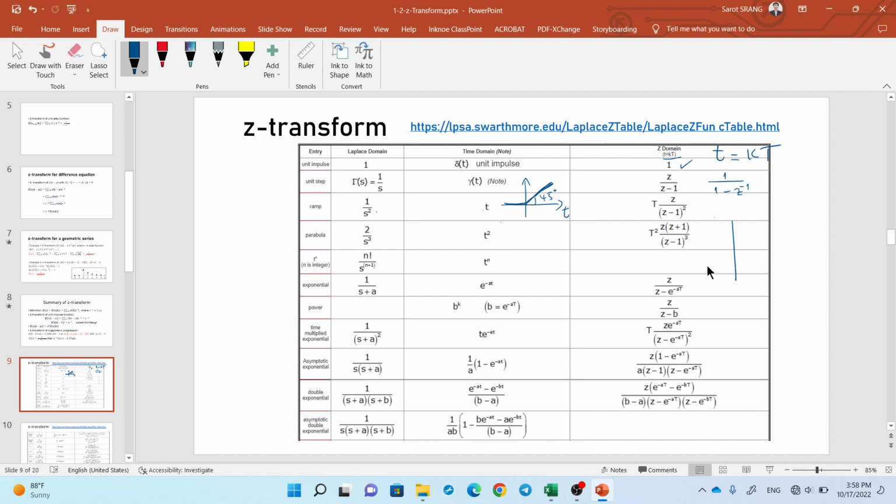Let me draw it again for the ramp, like this. And here is T, but if you choose a particular sample time like T here and then 2T here, so the Z transform of this discrete function is like this.